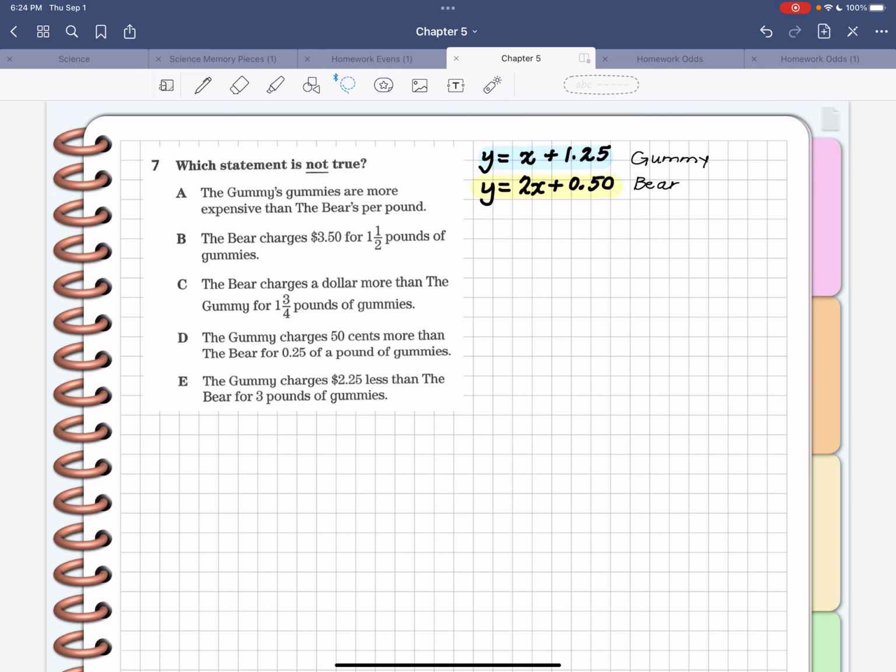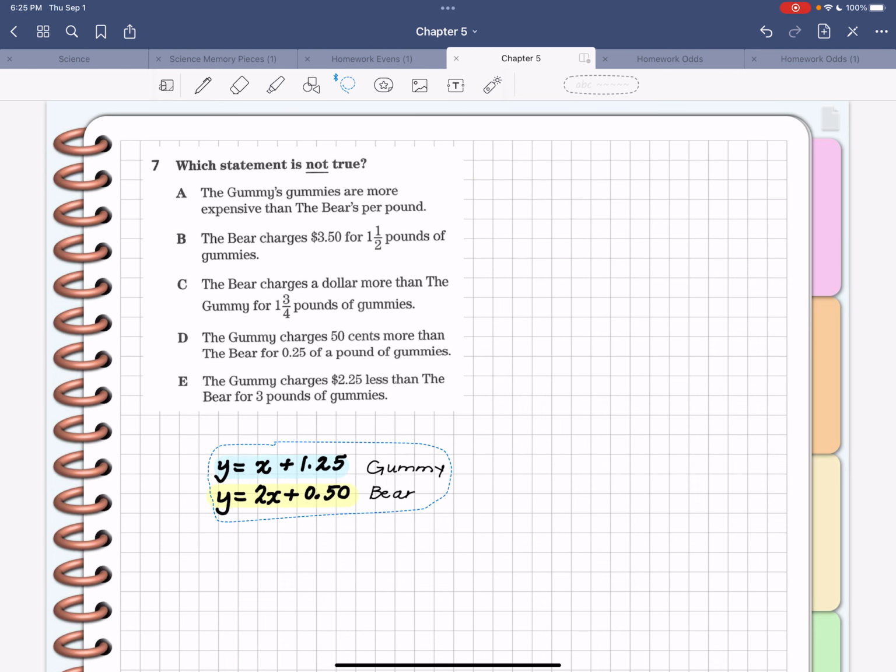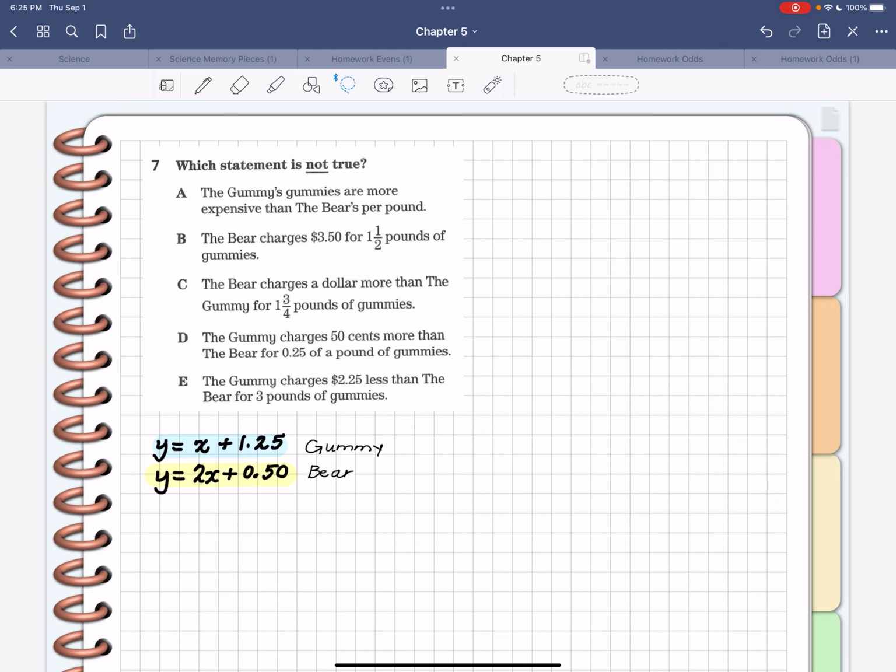I want to help you learn to write these math statements. So the gummy is $1 a pound, and that's saying that that is more than $2 a pound. That is a false statement.